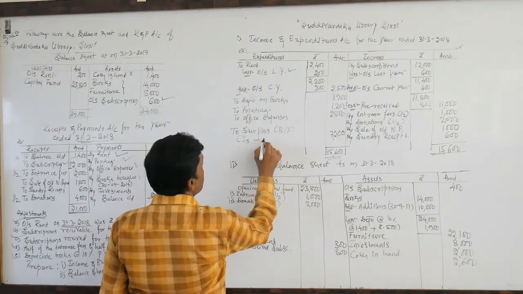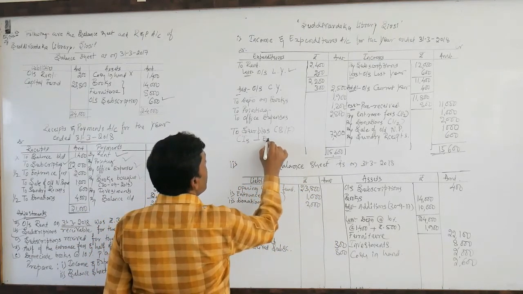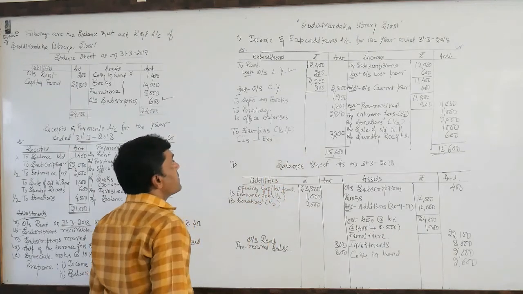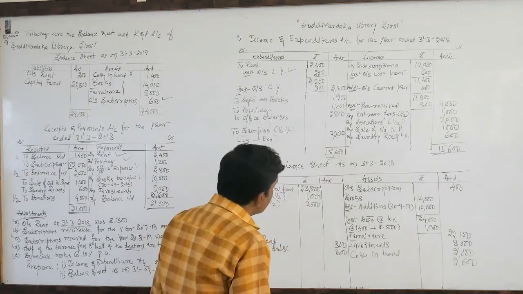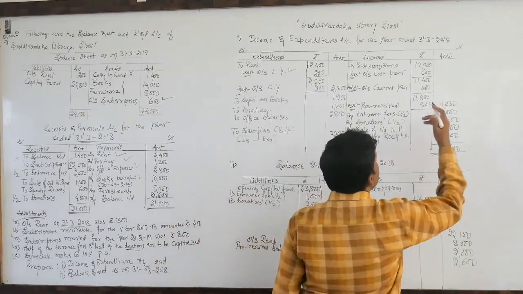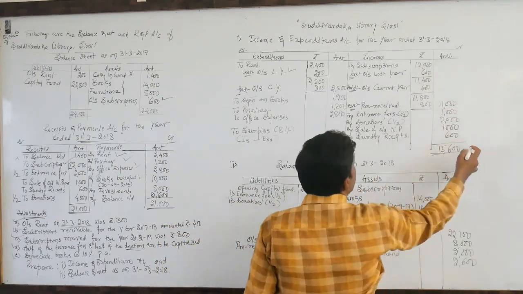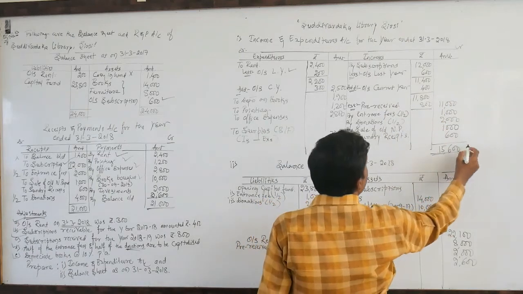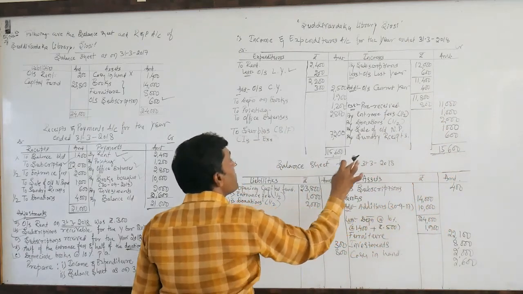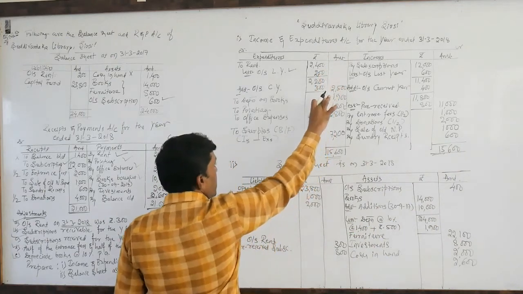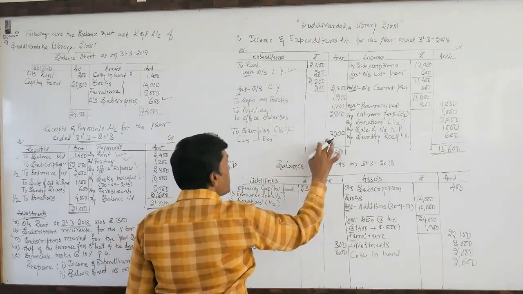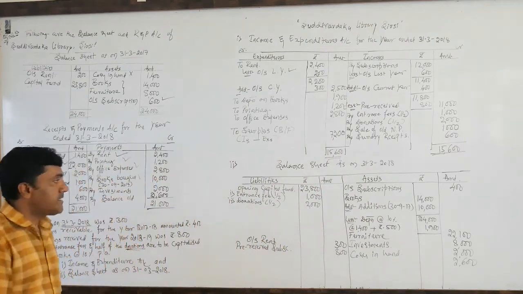From incomes we have deducted expenditures. The surplus is rupees 7,200. How did you ascertain the 7,200? Firstly I made the total of the credit side. The total of the credit side is 15,600. Out of this 15,600 I have deducted all the expenditure of the current year. So I got 7,200 as a surplus.